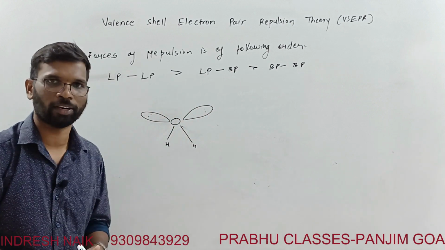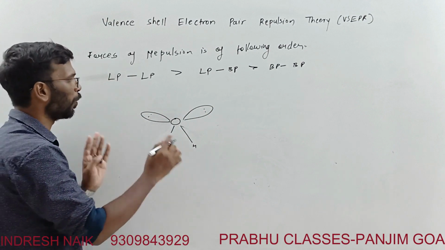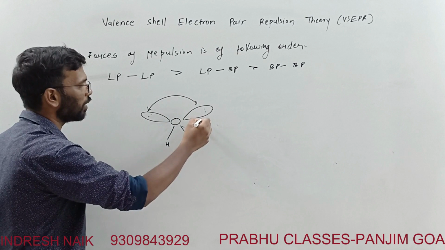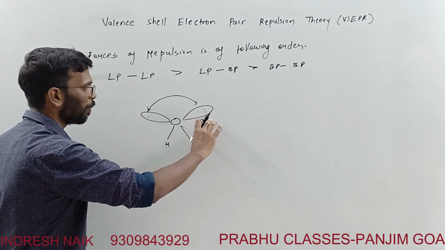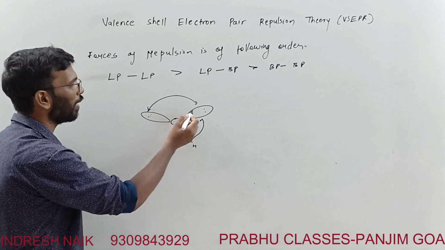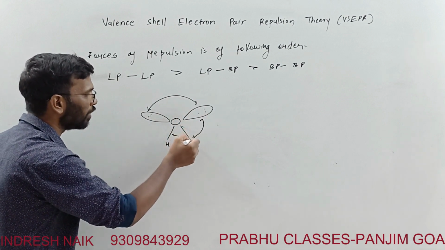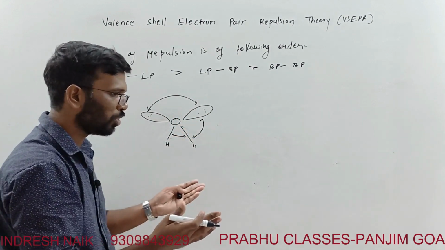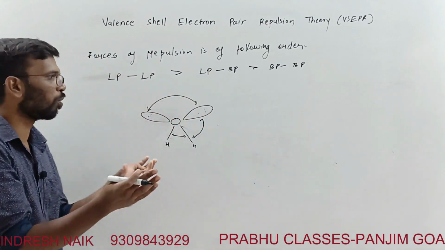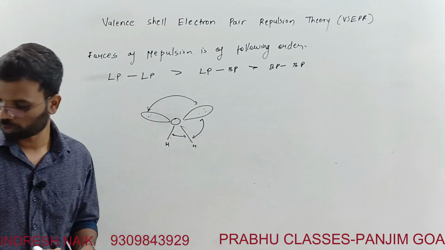Actually, it is a tetrahedral geometry, and I'm just showing the repulsion. The lone pair will repel to a maximum extent, lone pair-bond pair less, and bond pair-bond pair least. Less repulsion means less angle, more repulsion means more angle or more distance between them. So this is the concept.